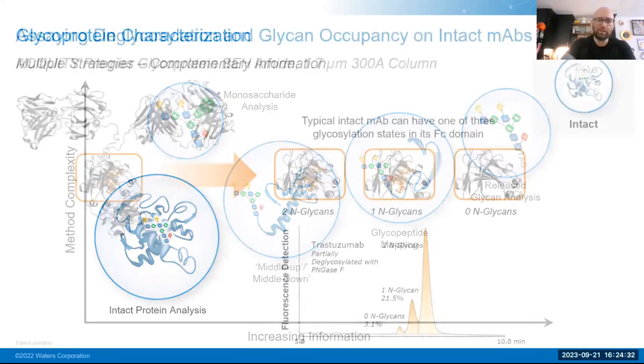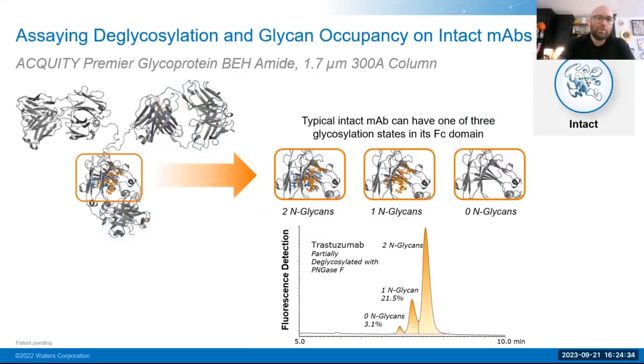So starting with the intact protein, this is again one of the more, quote unquote, simplistic HILIC separations in terms of the data that you'll actually receive. What we're doing with this is simply taking the protein in its native form. We're not doing any sort of digestion, and we're trying to understand the level of glycosylation that may be present.